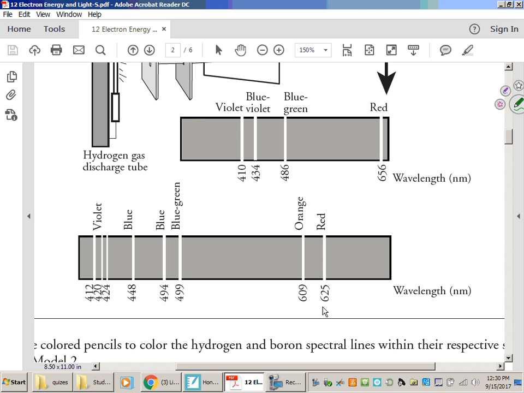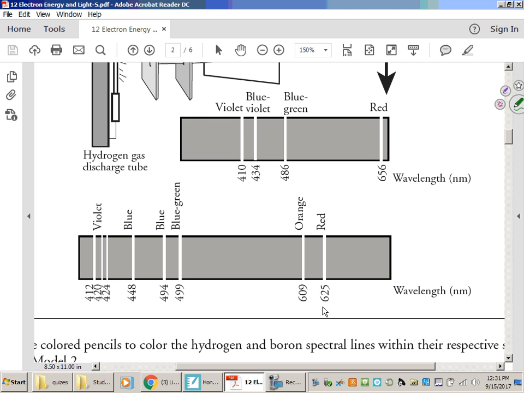Violet and red. So these are the spectral lines of the hydrogen.